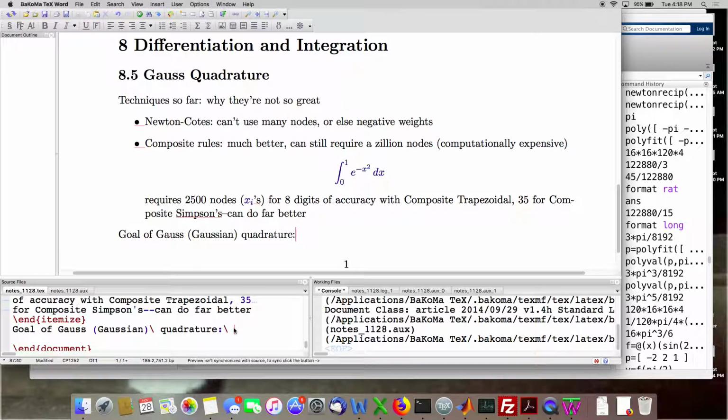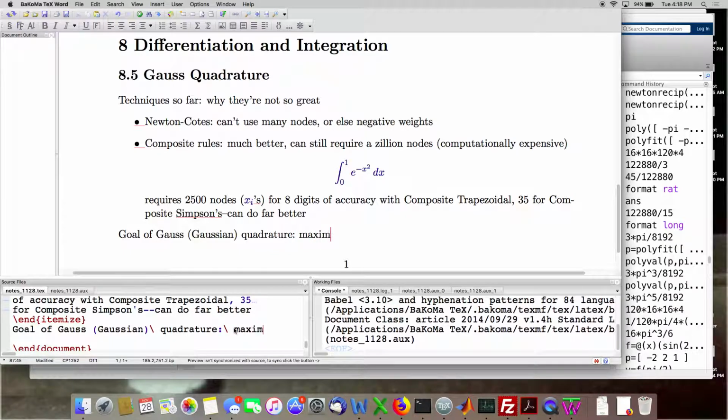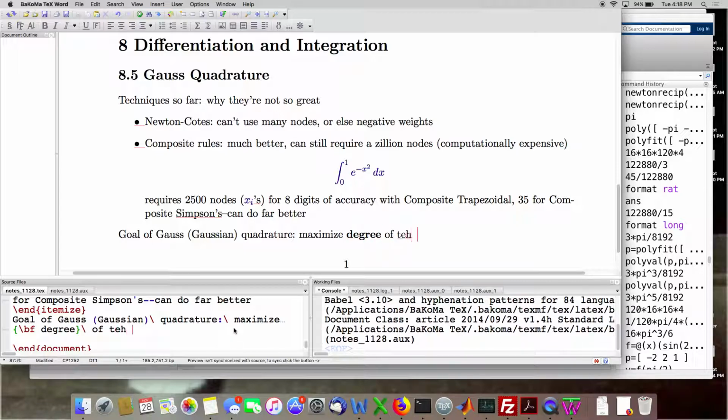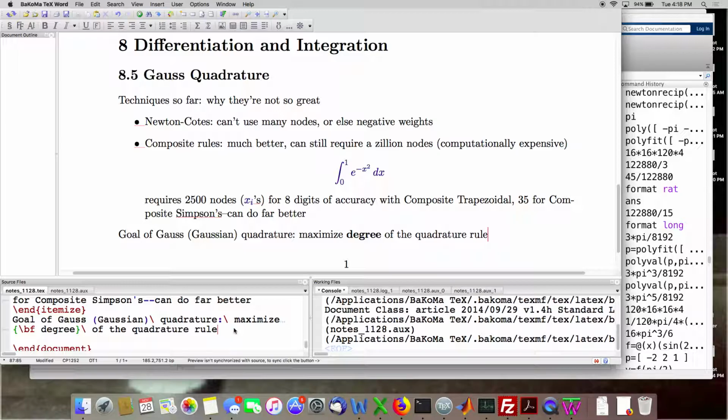Okay, is to maximize the degree of the quadrature rules. In other words, we want to be able to integrate polynomials to as high a degree as possible with however many nodes we have.